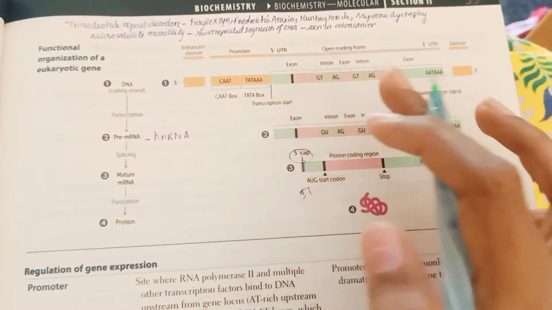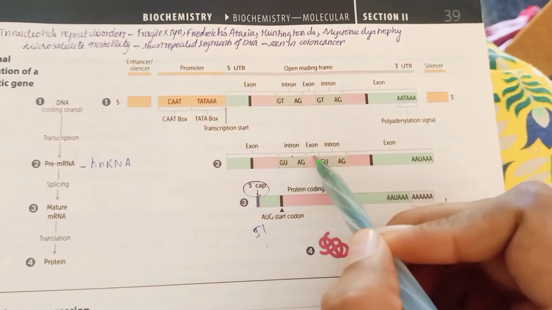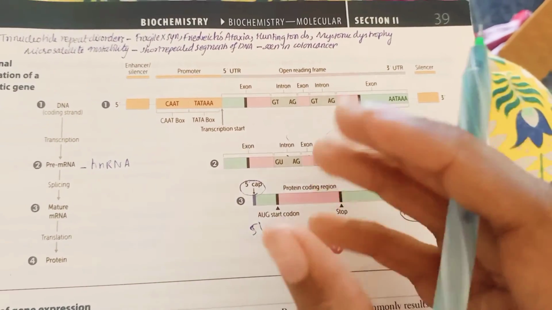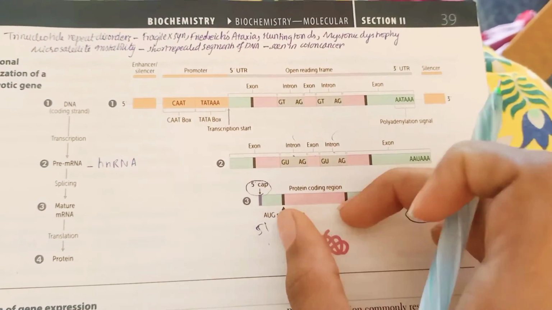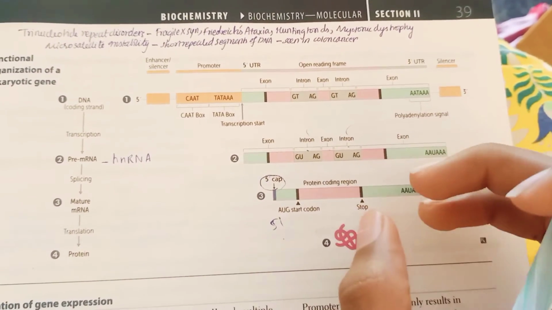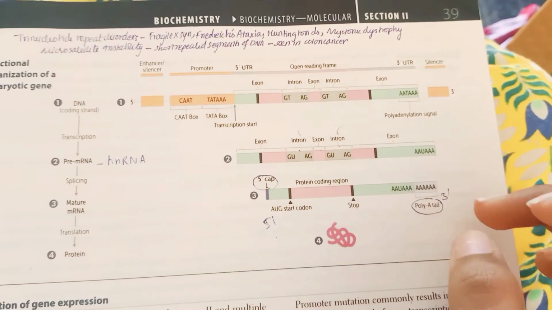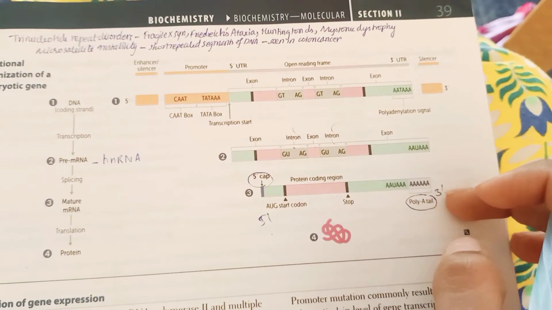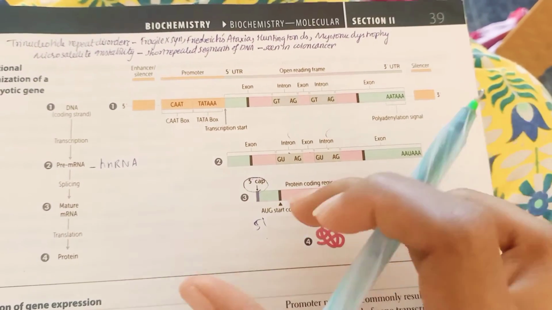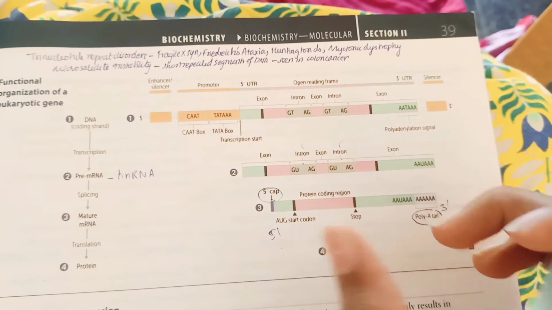And we also need to remove the introns. You can see there are introns and exons, so we need to remove all these introns. That is called splicing. We remove all the introns and only exons are present, and that is called mature mRNA. So mature mRNA should have a 5' cap, a poly-A tail at the 3' end, all the introns removed and only exons present.